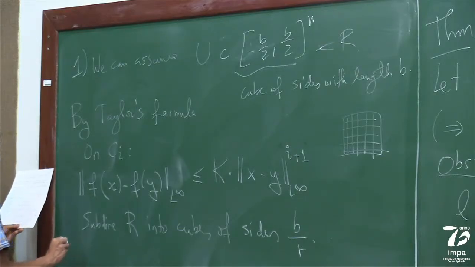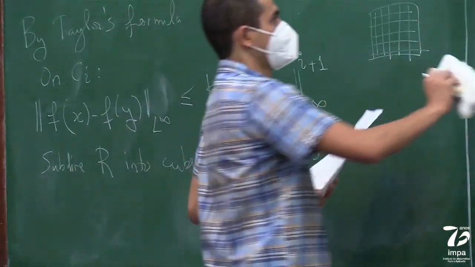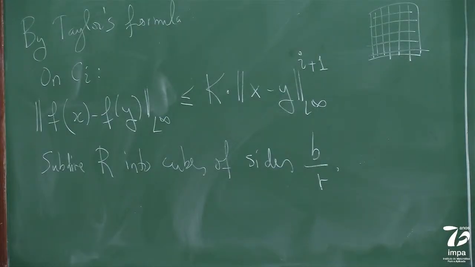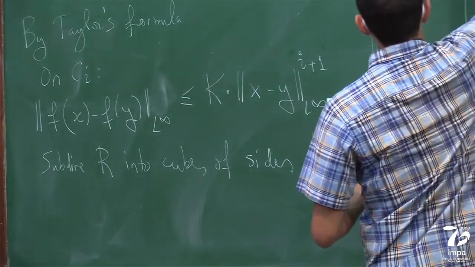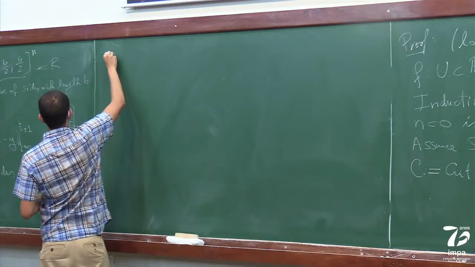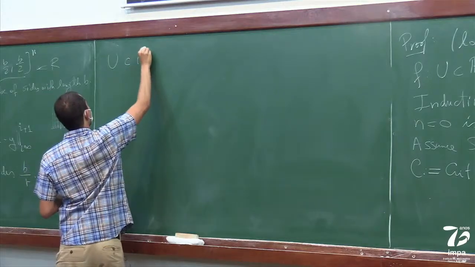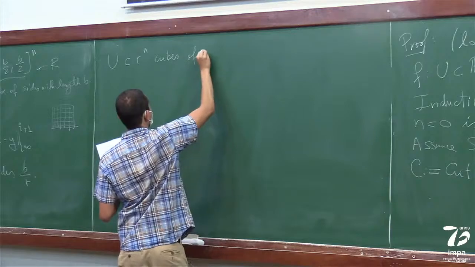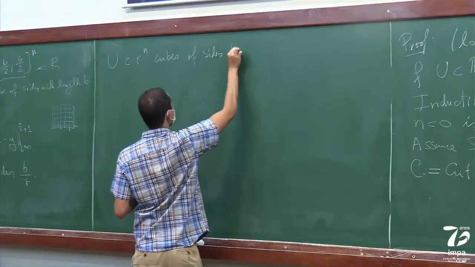So now basically my U is covered by r to the n cubes of sides b over r.